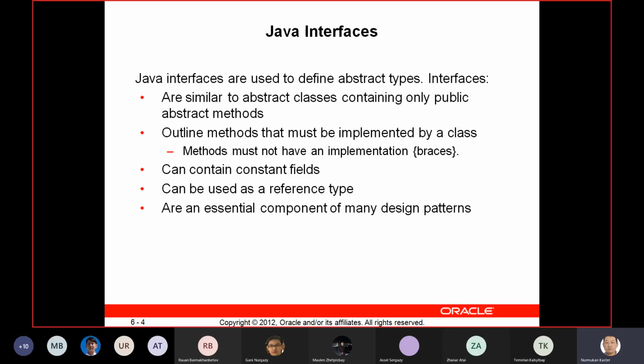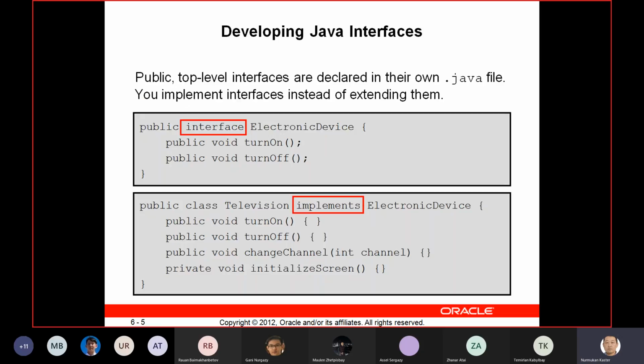As I said, a Java interface is very similar to an abstract class, but it is 100% abstract. As long as you understand that, that's enough. Let's give the example. As I said, an interface has a keyword called interface.